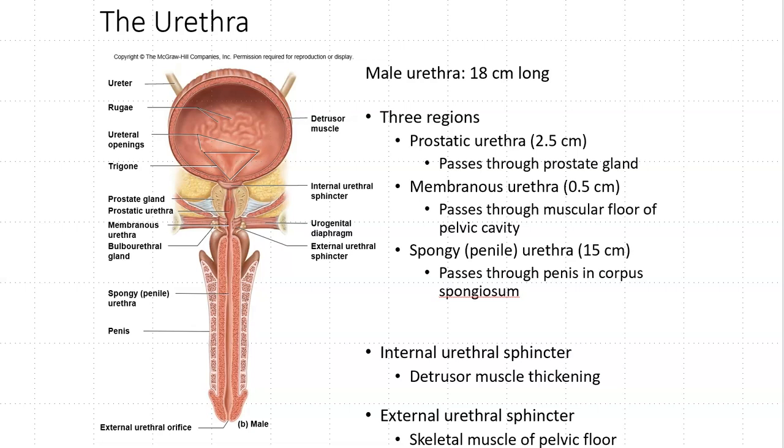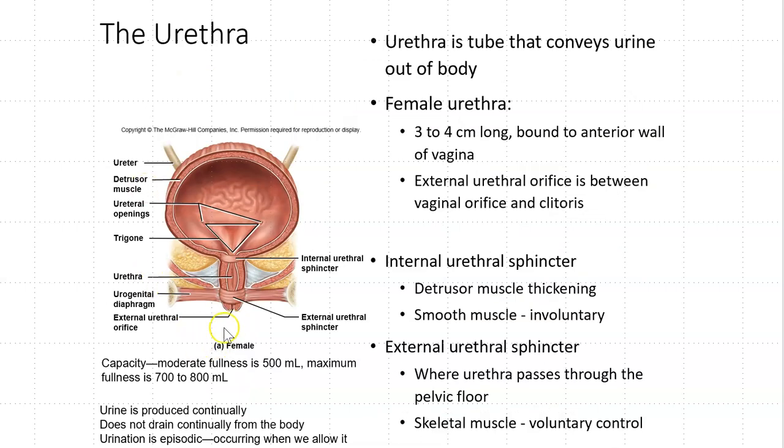So the external opening of, let's go back to the other picture, the external opening of the urinary bladder is bound to the anterior vaginal wall, and in females it's approximately 4 centimeters long, and it leads out of the body through the urethral orifice. And because the urethra is so short in females, they are more prone to urinary tract infections than males.